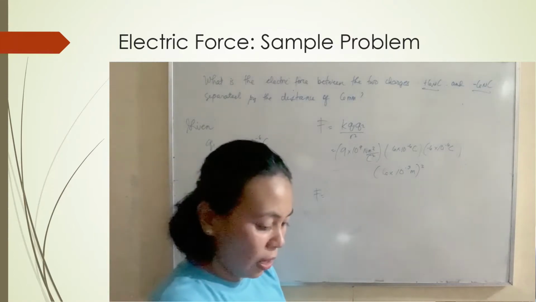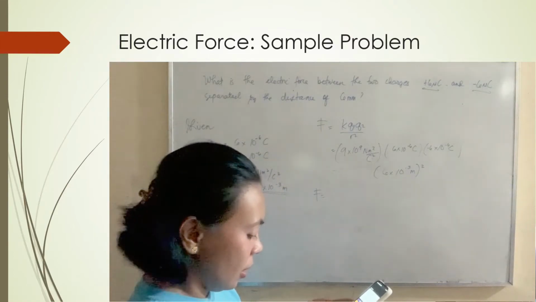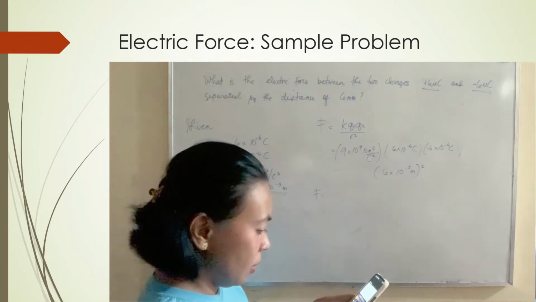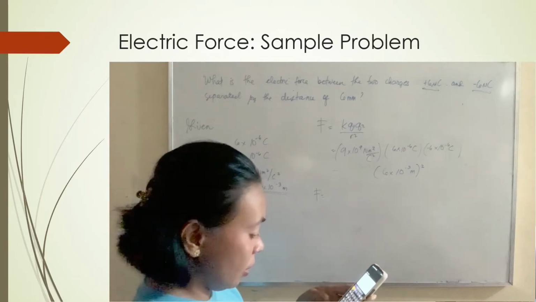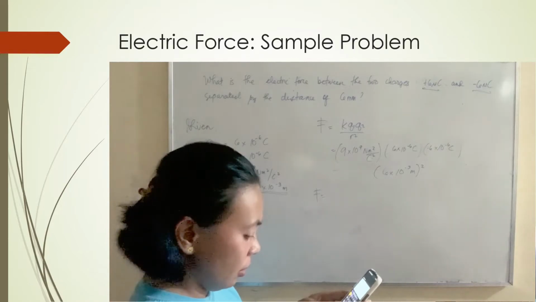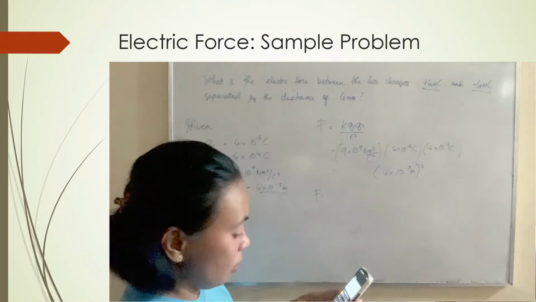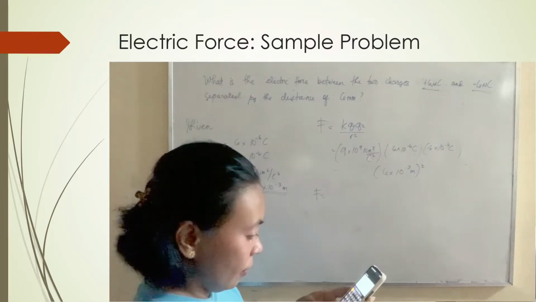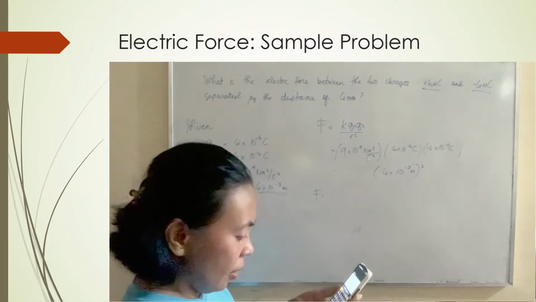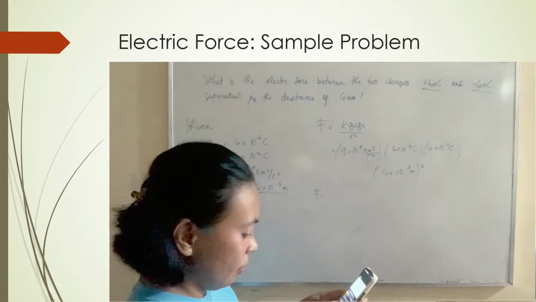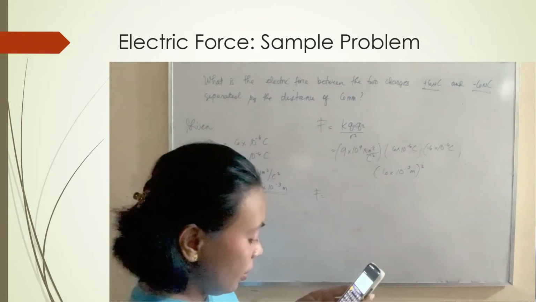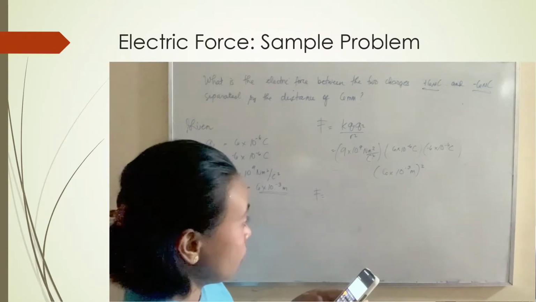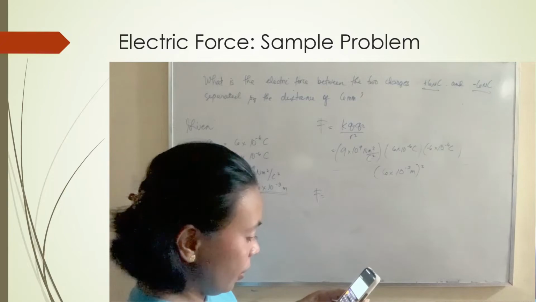If you have your scientific calculators, that's 9 exponent 9 times 6 exponent negative 6 times 6 exponent negative 6 divided by 6 by 10 to the negative 3, squared.